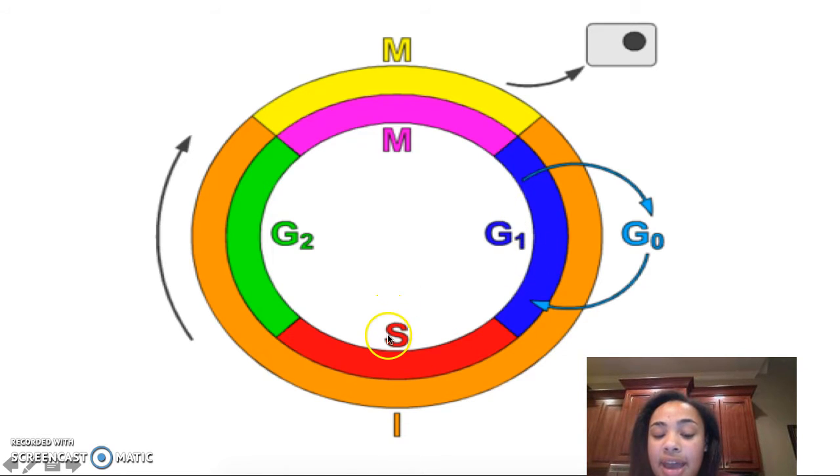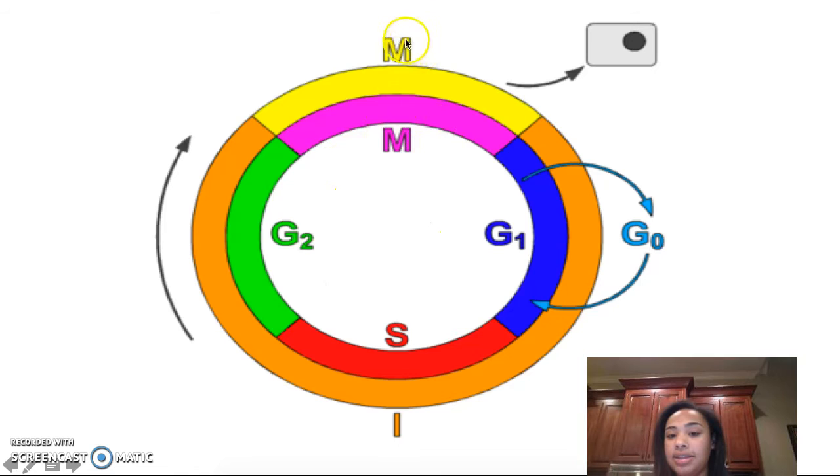Then it moves on into the S subunit of interphase, which stands for synthesis. In this portion of interphase, it is just a period of DNA replication. Then it moves on to the GAP2 portion of interphase, in which cells continue to grow in size, produce proteins, and prepare for mitosis, which is the M phase.